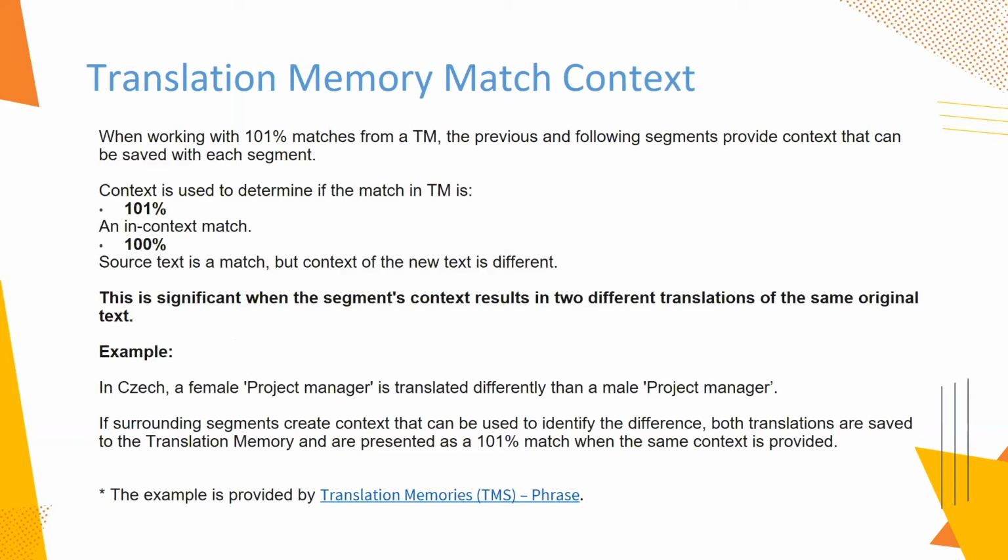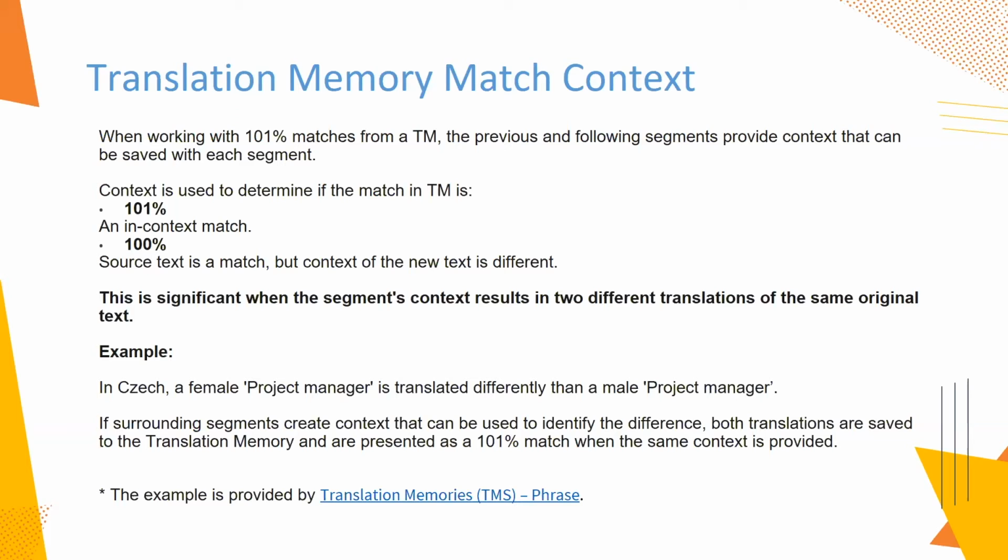The previous and the following segments provide context that can be saved with each segment. So the context is used to determine if the match in translation memory is 101%. And a 100% match means it is not a context match.